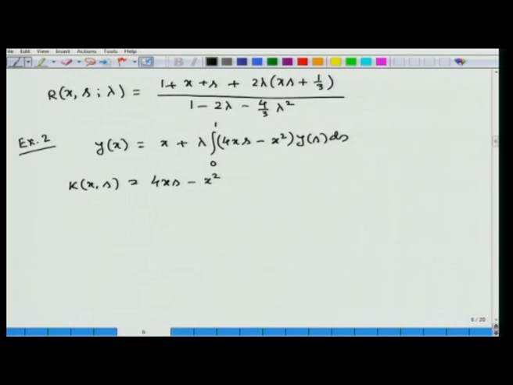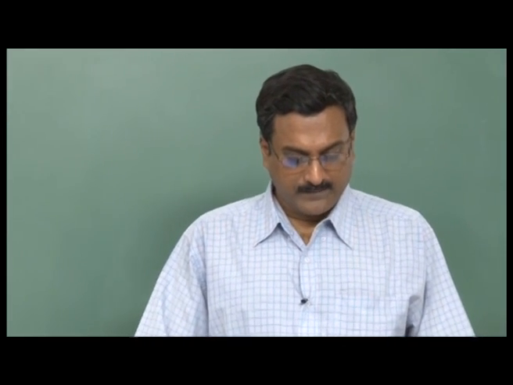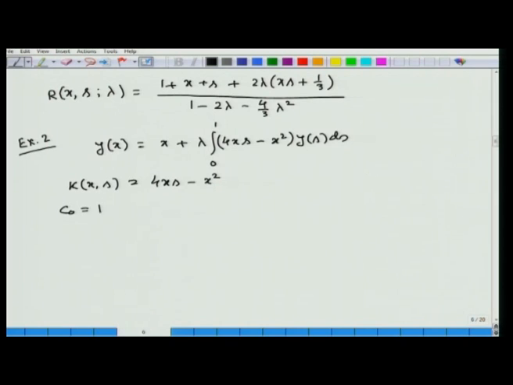So, our first task is, using the Fredholm method, we have to find the Fredholm resolvent kernel, and for that purpose we have C0 equal to 1, B0(x, s) equal to K(x, s), that is equal to 4xs − x². Now, we can calculate C1.